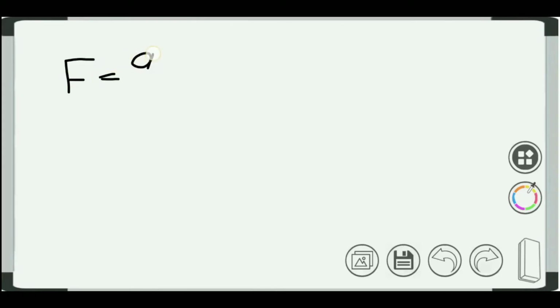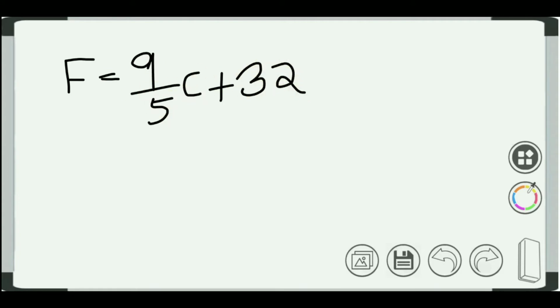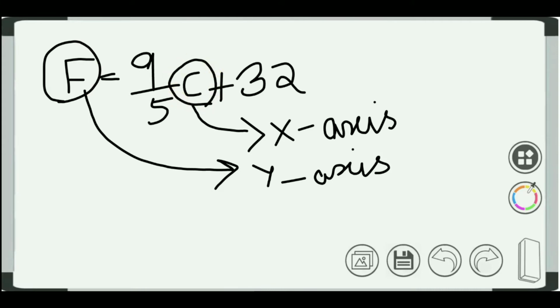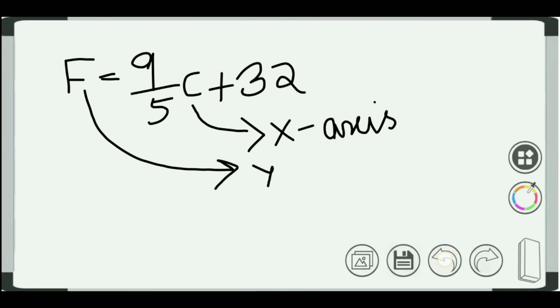F is equal to 9 by 5 C plus 32. This was the question. So here you need to consider Celsius for x-axis, Fahrenheit for y-axis. Instead of x and y, here we have F and C. The same way we will find points because we need to plot it in the graph.